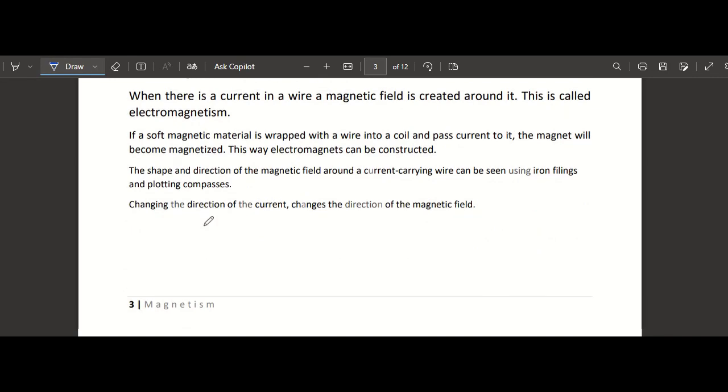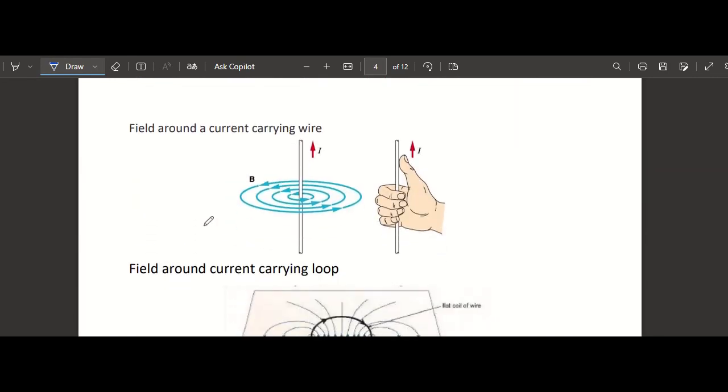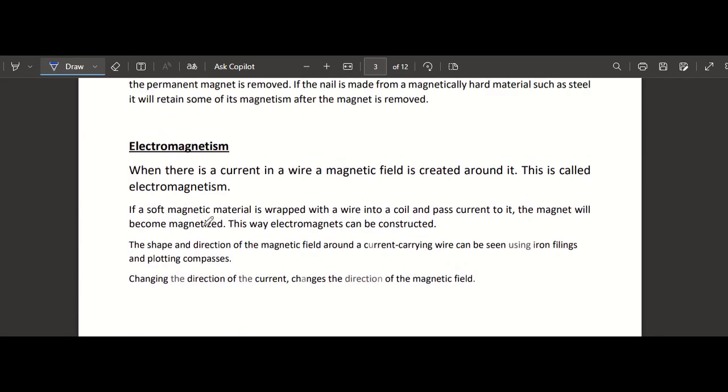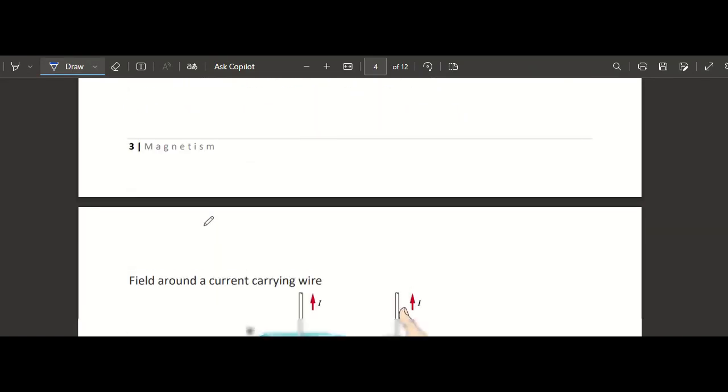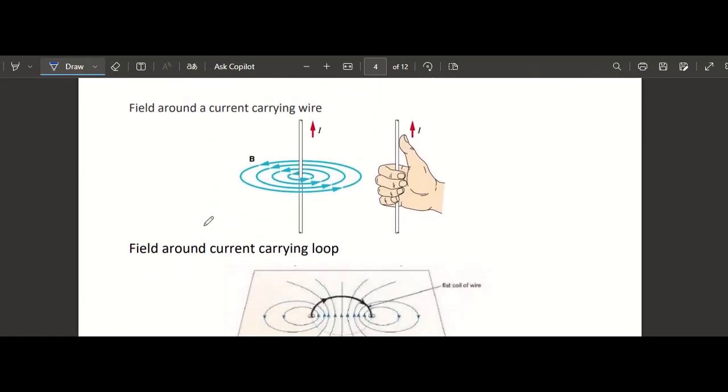Then we discussed electromagnetism. That means whenever there is a current carrying conductor wire, there is a magnetic field around it. I showed you the direction of it as well. The direction of the magnetic field lines we can identify using the right hand grip rule. Around the straight wire it will be like that. And remember we drew these on the top view as well.